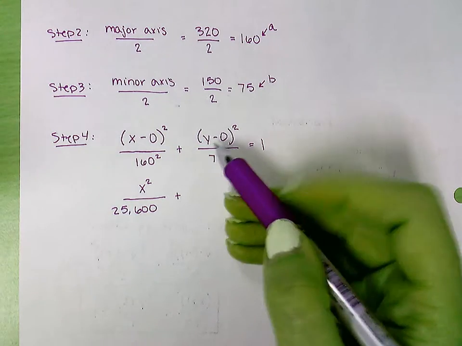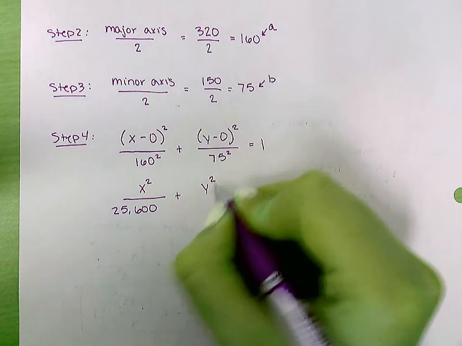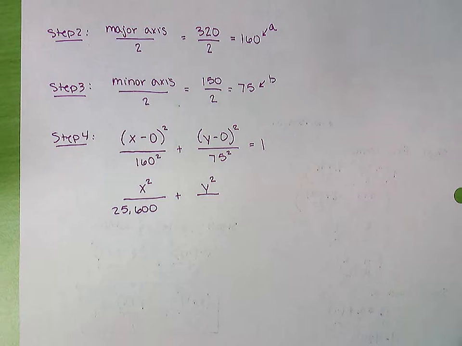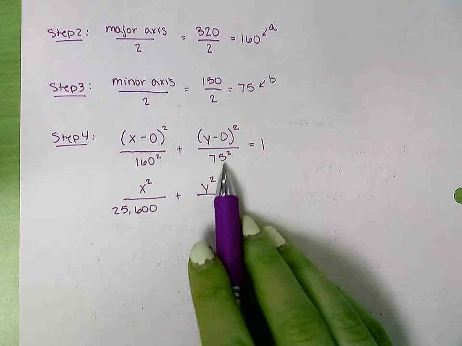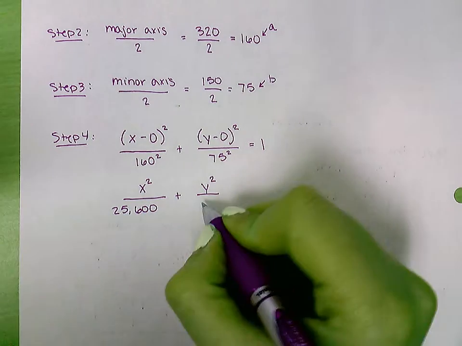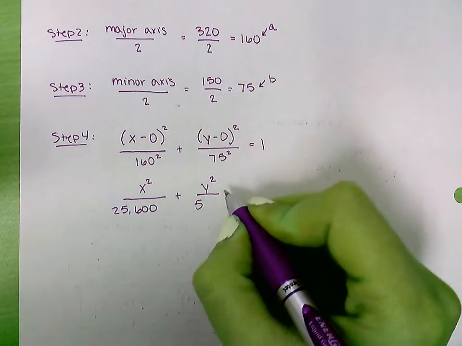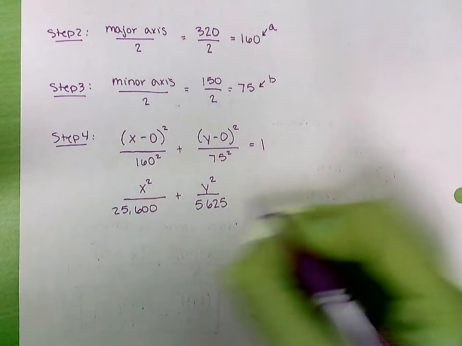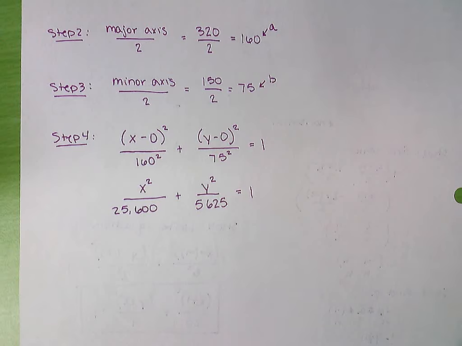Again, we have y minus 0. So that can just be changed to y squared. And we have 75 squared is 5,625. And that will be equal to 1. And again, all your ellipses are equal to 1 in their equation. So it should always be equal to 1.